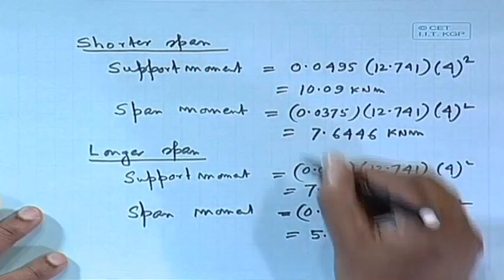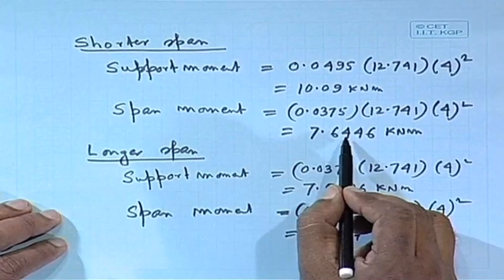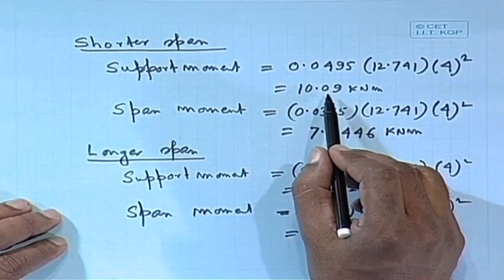So, we are getting 4 different values at different positions. This is the span moment in the shorter direction, this is the corresponding support moment.